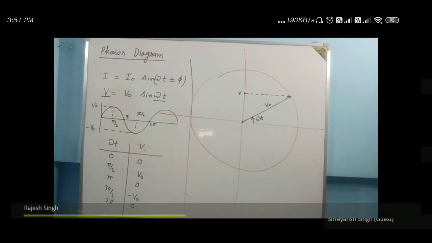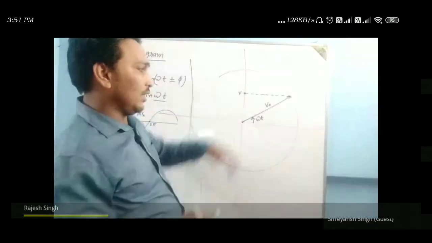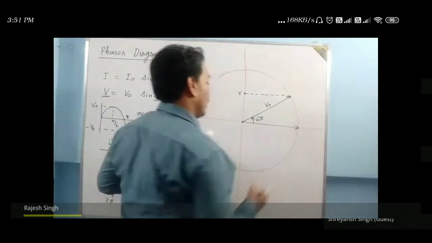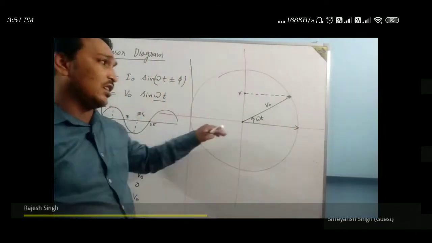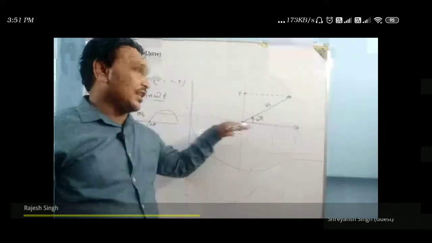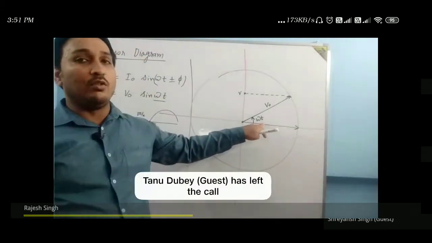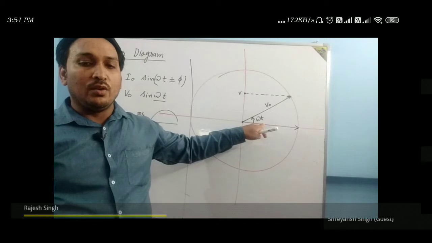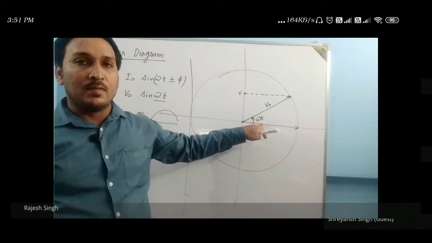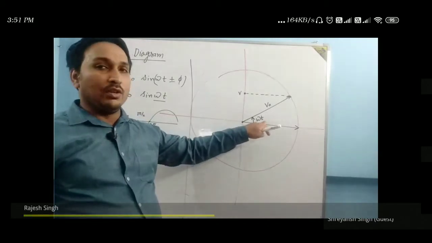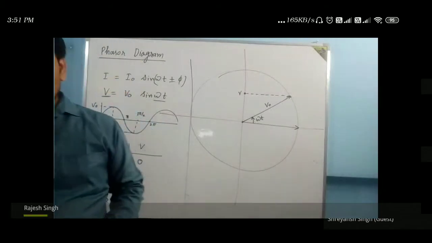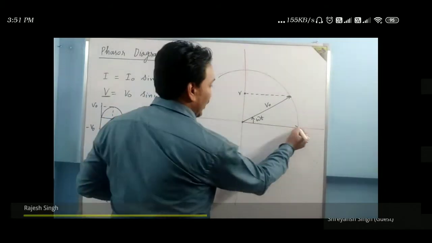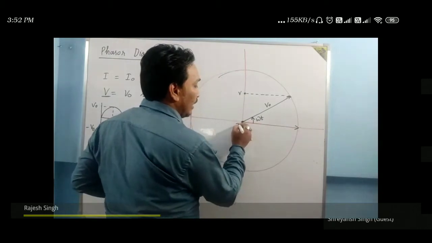Now just imagine if this arrow starts from here. Then how much angle has it covered? If it starts from here, the value of omega t is 0 in that case. And if the value of omega t is 0, then the foot of the perpendicular goes to the origin only.